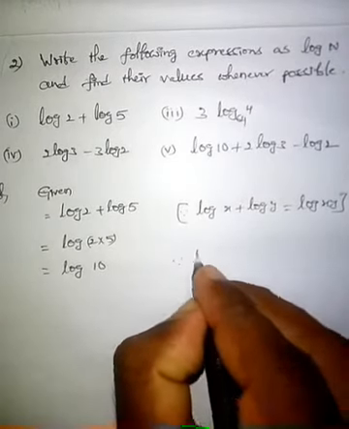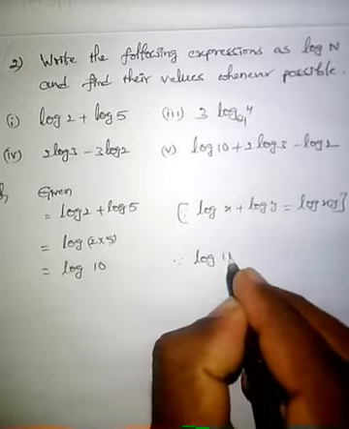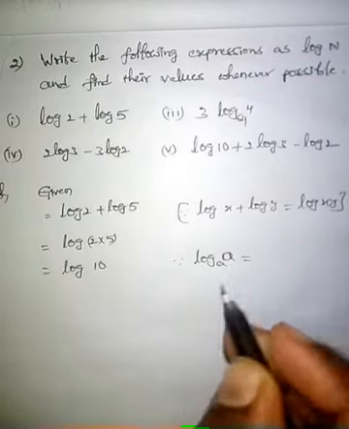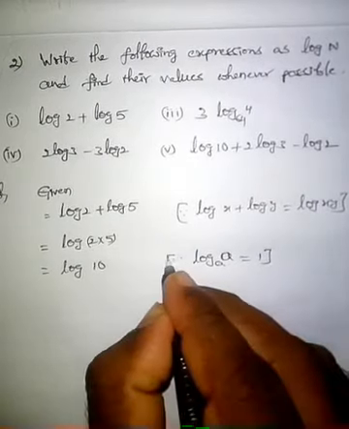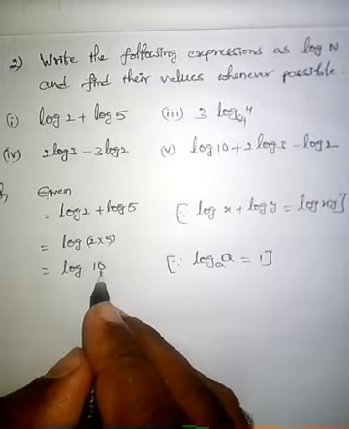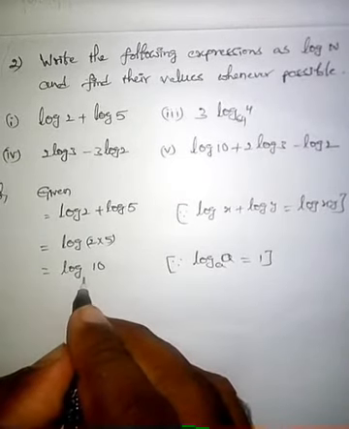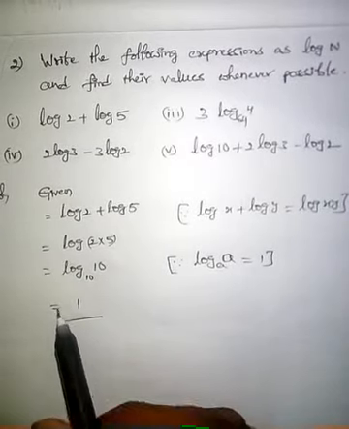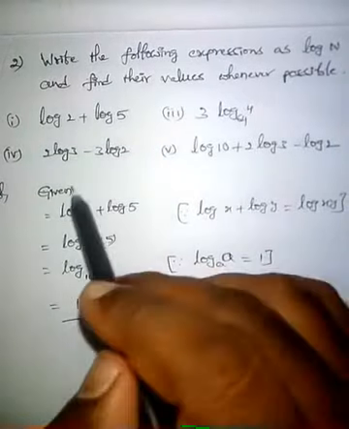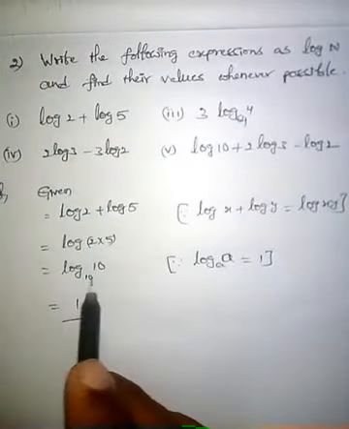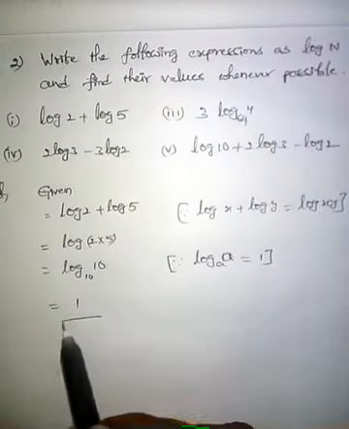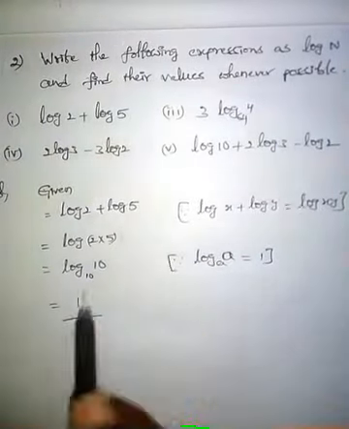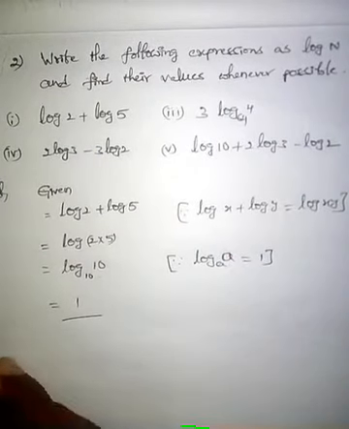There is a formula, log a to the base a, the value of log a to the base a equals 1. So here also we have log 10 and the base is 10, so the value is 1. Okay. So here we wrote the given expanded logarithm as a single logarithm, and we found the result also, that is 1.